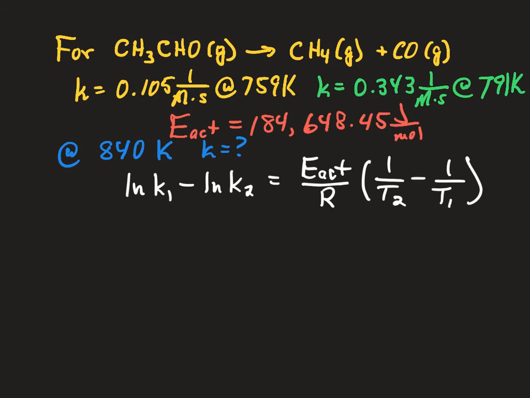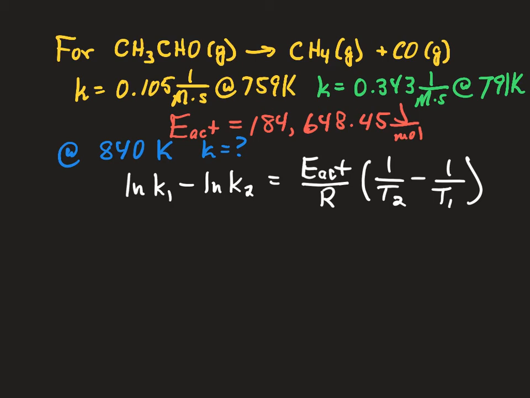If you realize you're getting negative answers when you expect positive, you're probably switching your 2's and your 1's. So you have to pay attention to that as you're doing the problem.